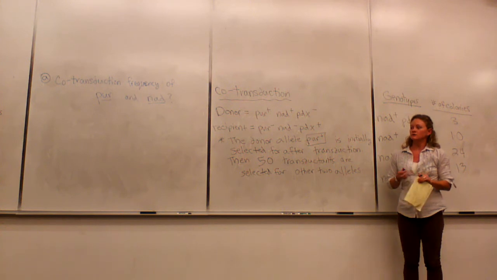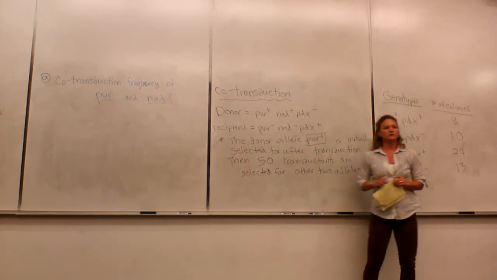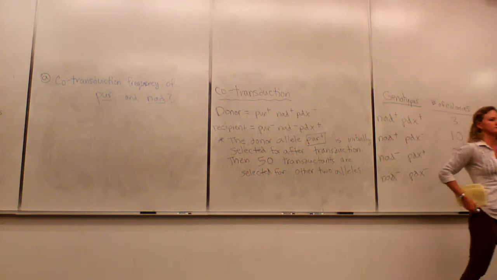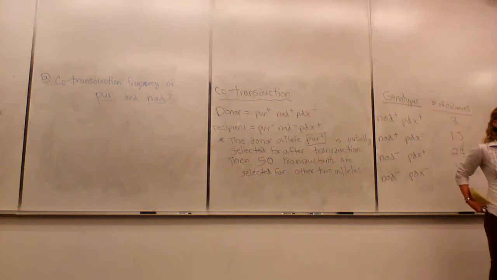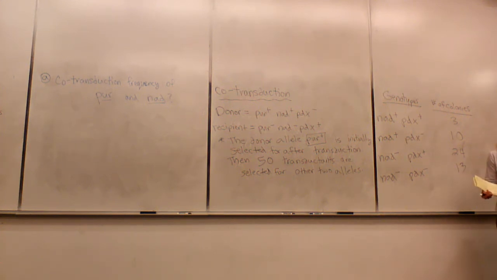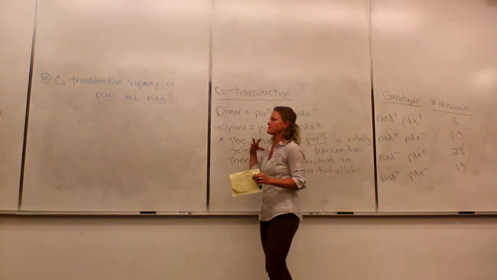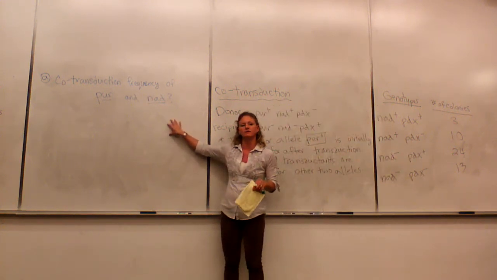So automatically, if you're asked the frequency of anything, what are you going to do? What numbers are you going to work with? How do you get frequencies? Percent. So we're going to take some number and divide it by what? Total. A total. So these are ways to kind of train yourself. I know maybe it sounds kind of silly, but these are ways to train yourself to be fast at recognizing these problems.